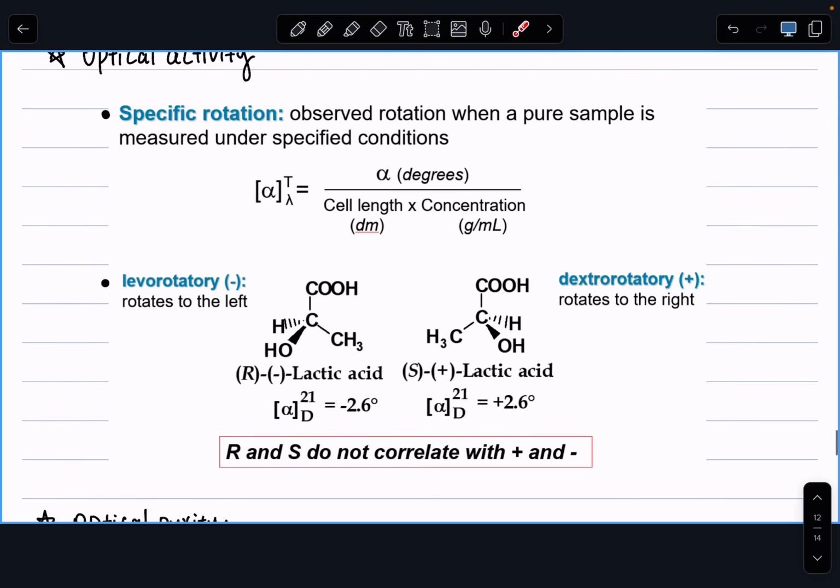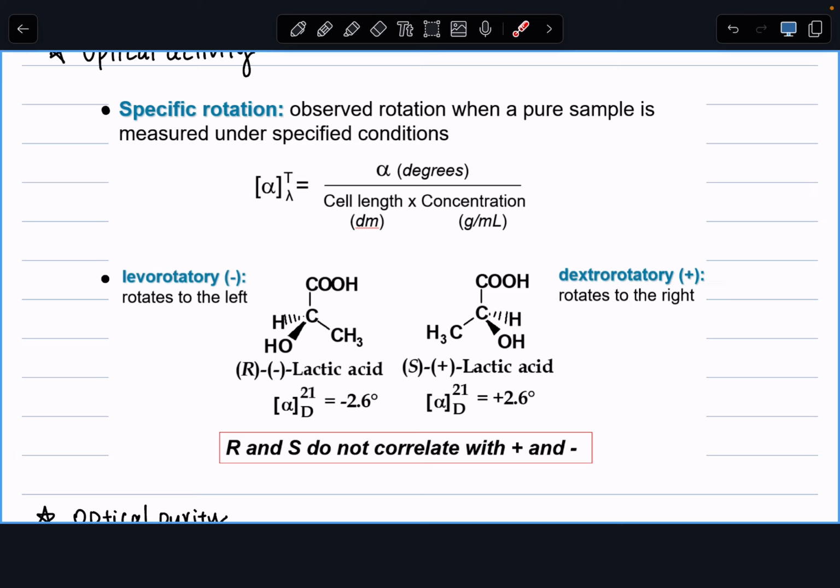So, optical activity calculations. When we say specific rotation, what we're saying is the observed rotation when a pure sample is measured under specific conditions. So this is the absolute rotation of the light when you have an enantiomerically pure compound, like 100% R or 100% S. On the top you have the observed degree, on the bottom you have cell length and concentration.